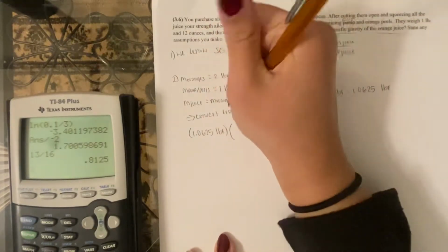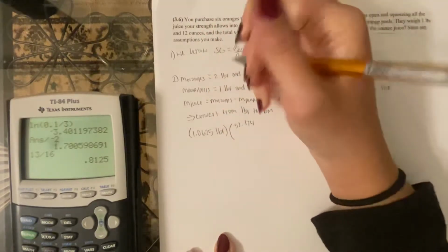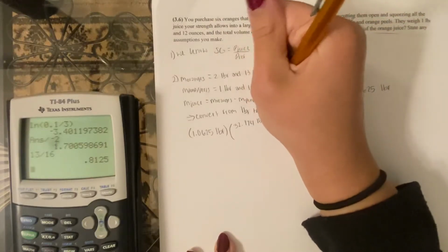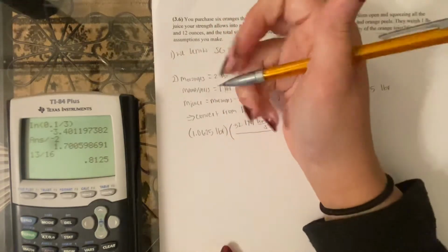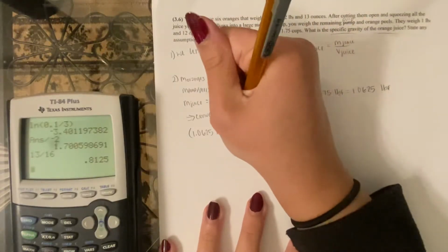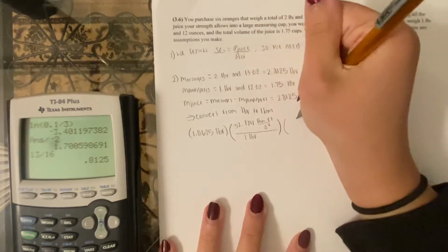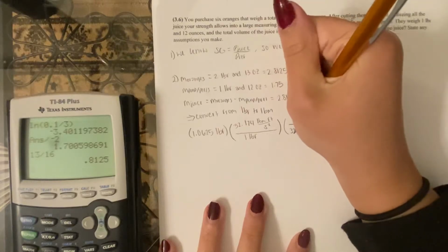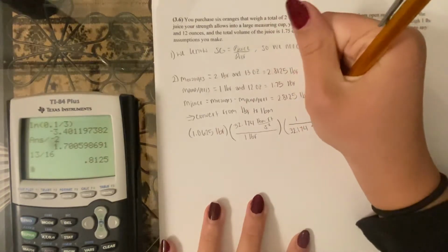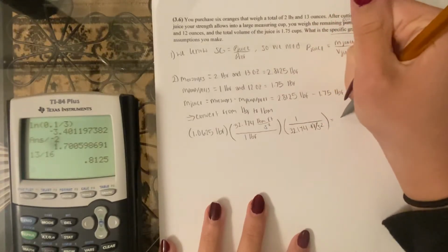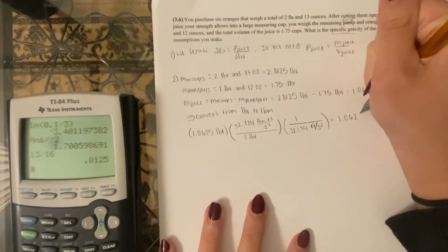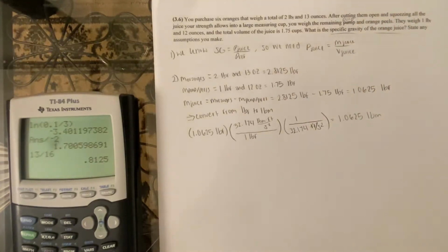So we're going to multiply this by 32.174 pound mass feet per second squared over 1 pound force and 32.174 feet per second squared to get 1.0625 pound mass.